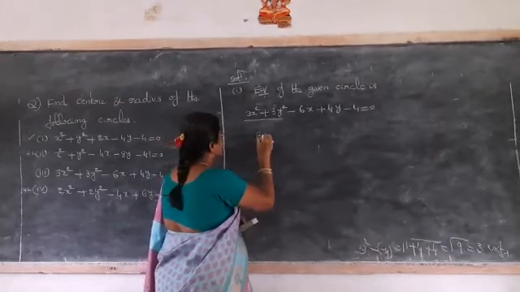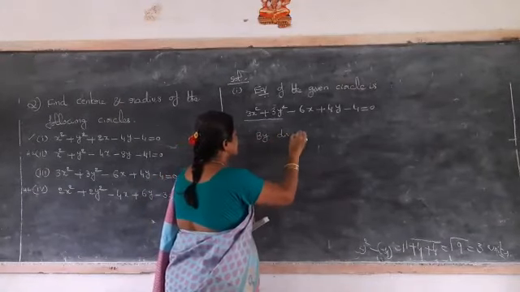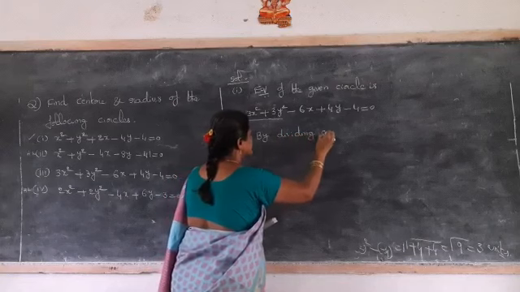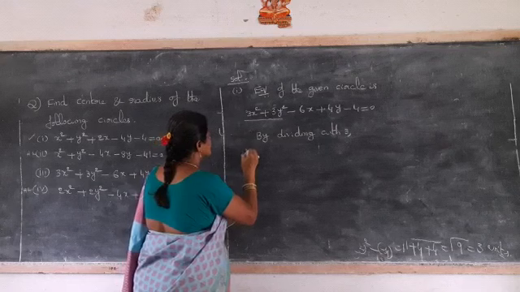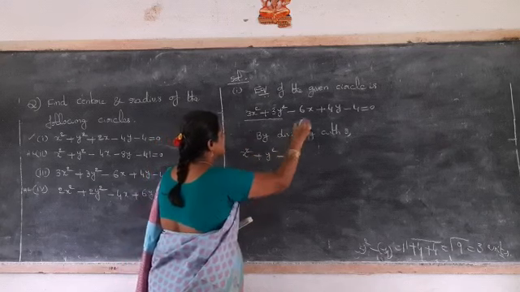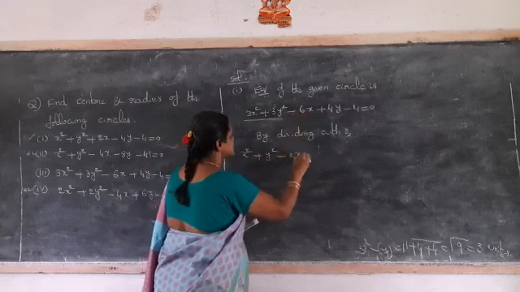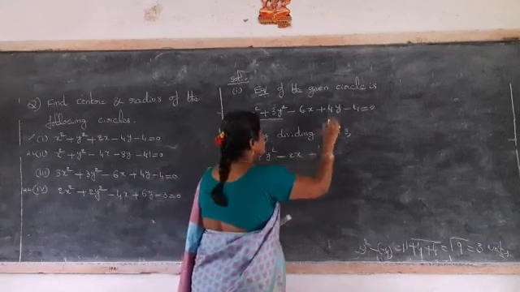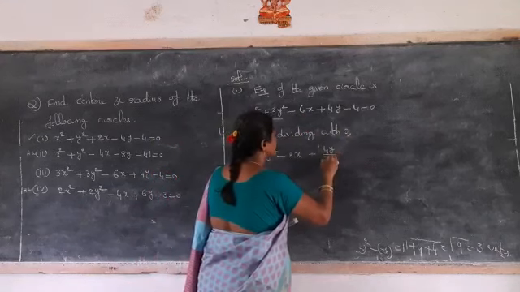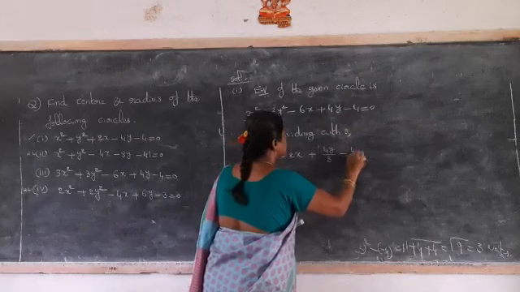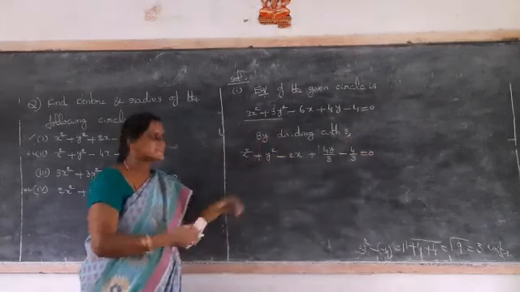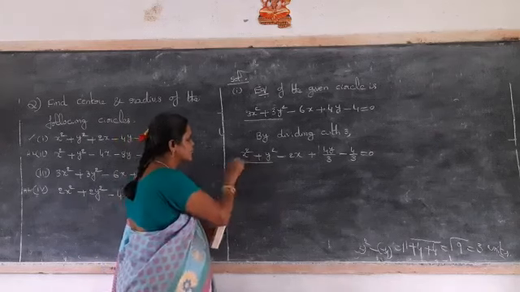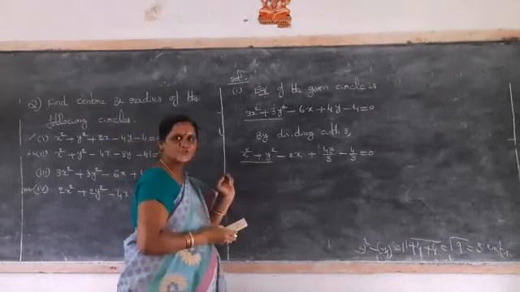So by dividing with 3, you get x square plus y square minus 6x by 3, that is 2x, plus 4y by 3, minus 4 by 3 is equal to 0. Now you see here we have x square plus y square form, means it is in standard form.